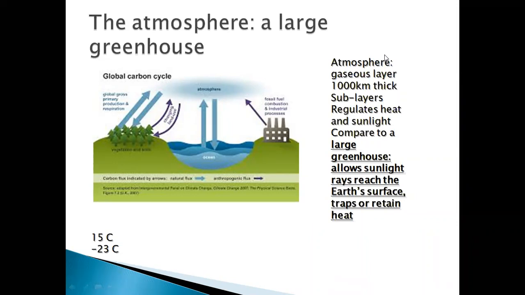So if we don't have greenhouse, what will be the temperature on our planet? It is going to be cold, but the temperature is right here, minus 23 degrees Celsius.